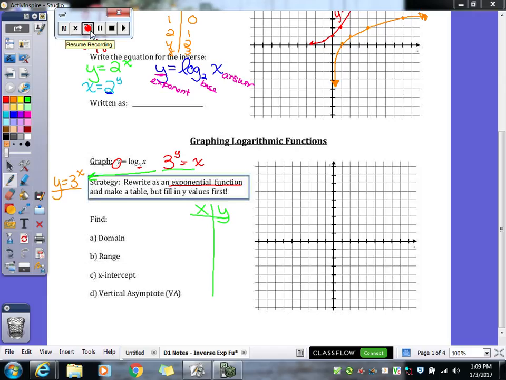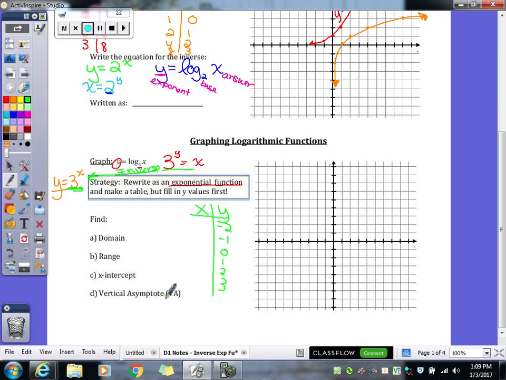So when you get this into your calculator and you get your table, you just want to flip it, since you want to graph the inverse. We don't want to graph this one. We want to graph the inverse of it. So you just want to flip your table. Instead of my x's, I'm going to put them as my y's.